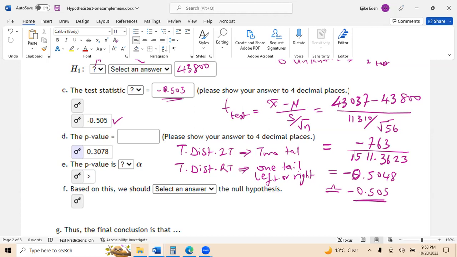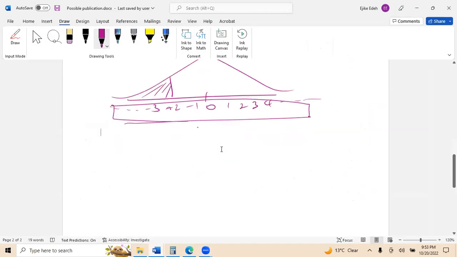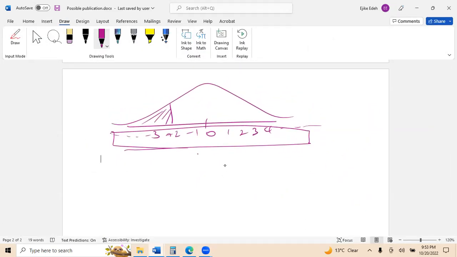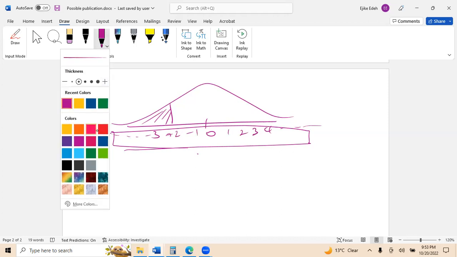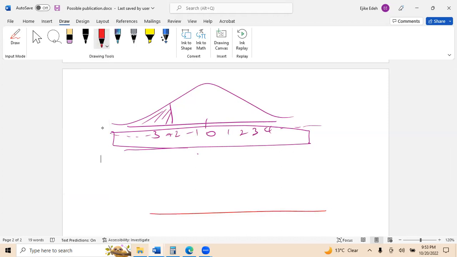And again, the reason why the two answers should be the same, if we go back to our explanation, is if I'm doing a left tail, and let's pick up a different color to illustrate that. So if I have my red here, if I'm doing a left tail over here, so this is my area indicating the p-value. And this is my test statistic, negative 0.505.